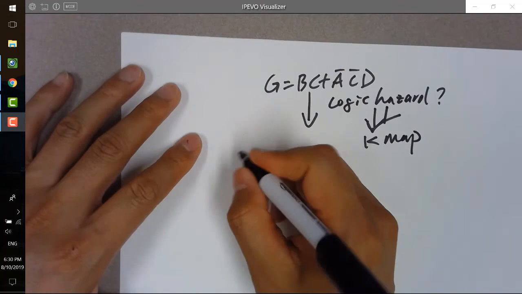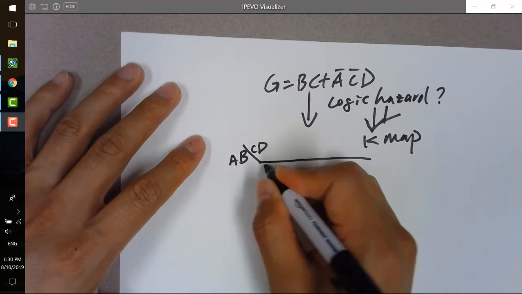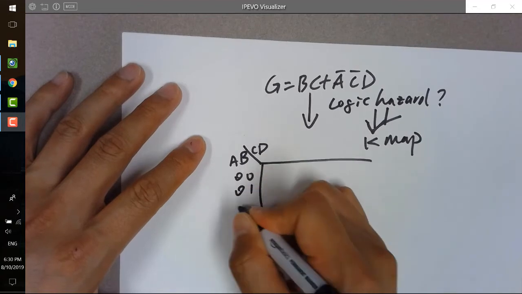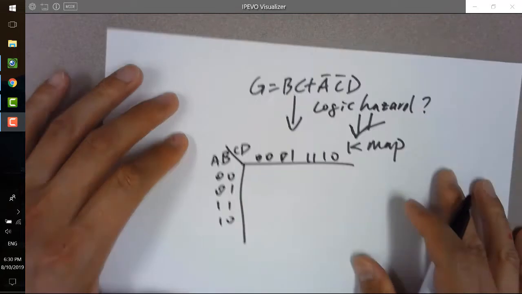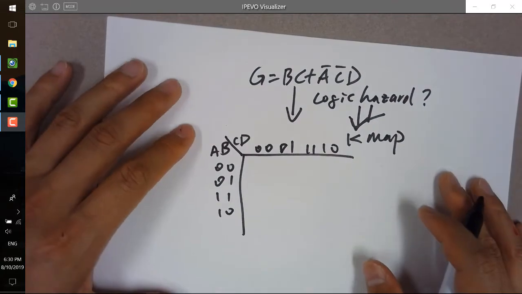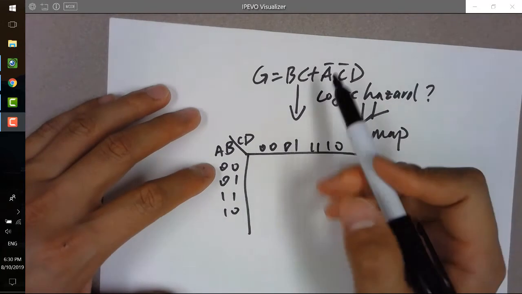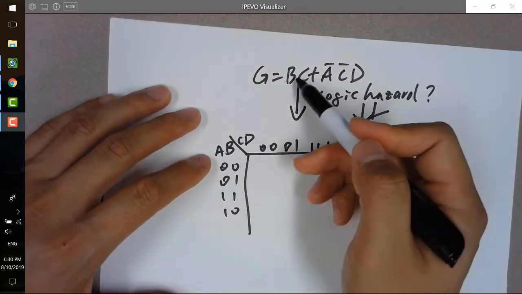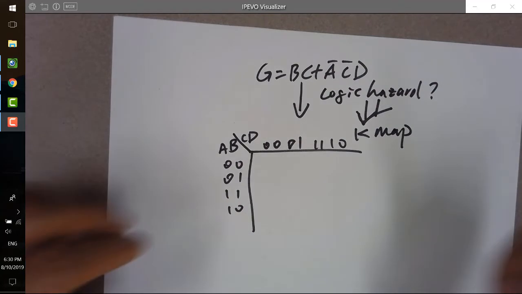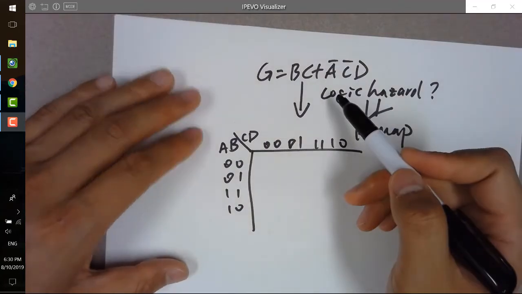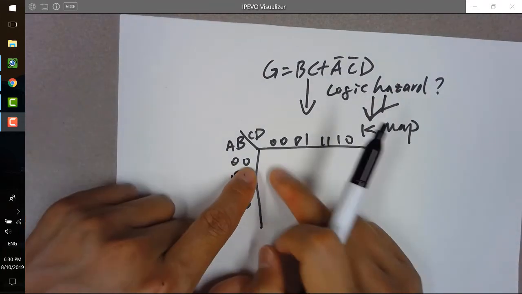So we have AB, CD, 00, 01, 11, 10, 00, 01, 11, 10. And now let's see, what are they? You have to plug in all the numbers to find out what G's are.